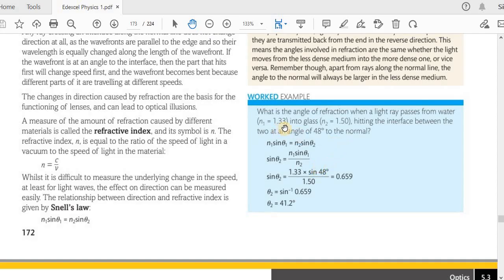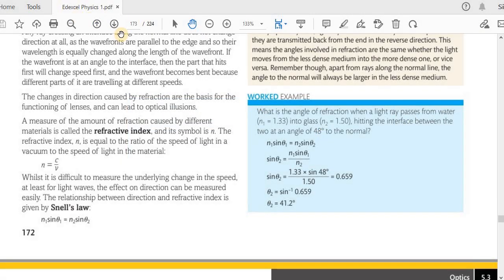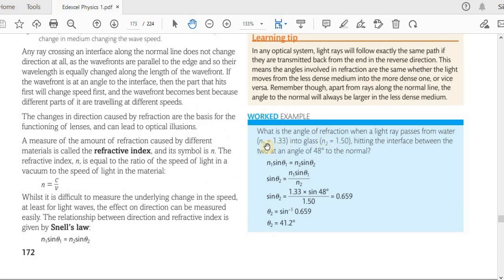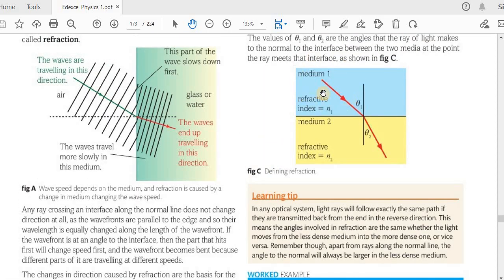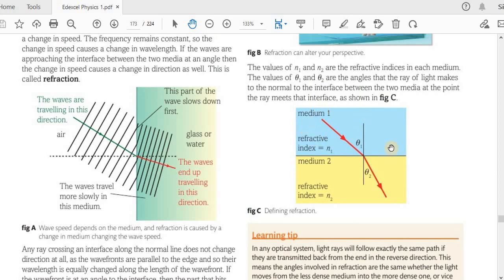n1 is 1.33, and sine 48 degrees, as mentioned here: into the glass, hitting the interface between the two at an angle 48 degrees to the normal. So we can consider n1 to be this one, the first medium, which is water.